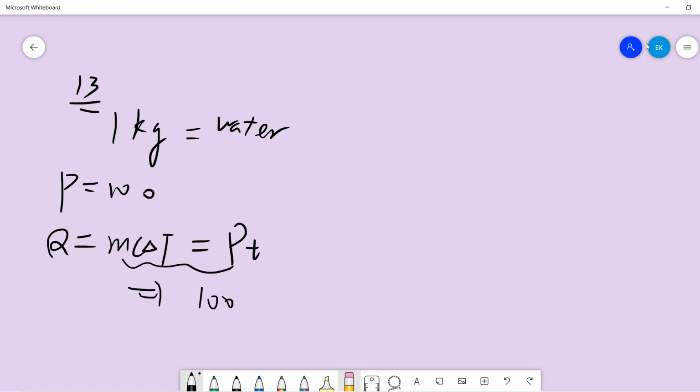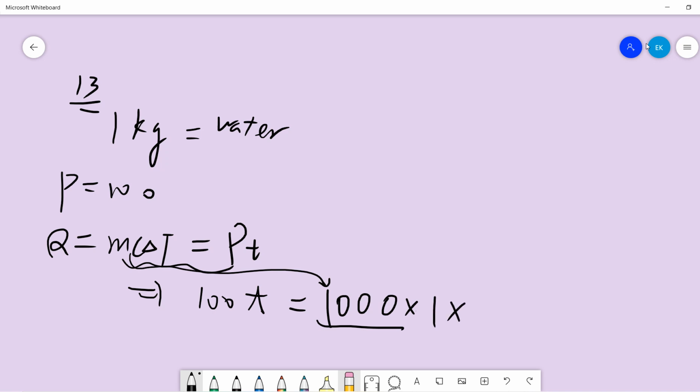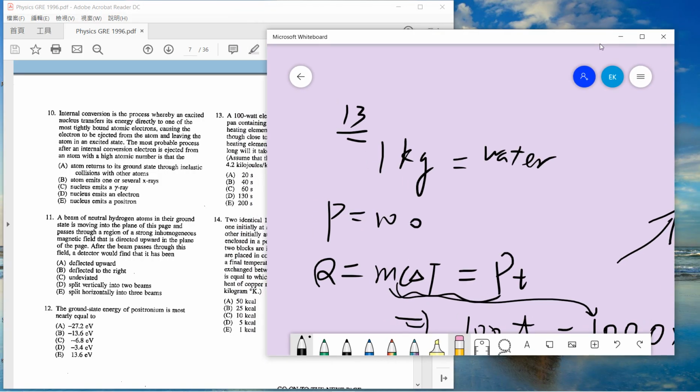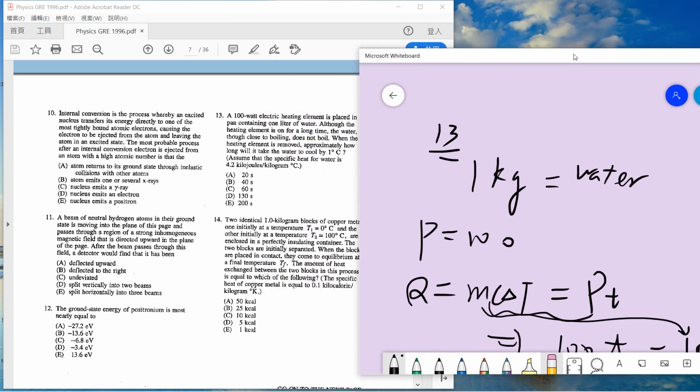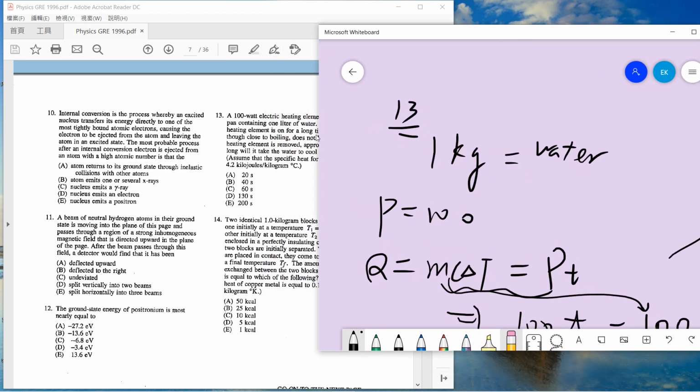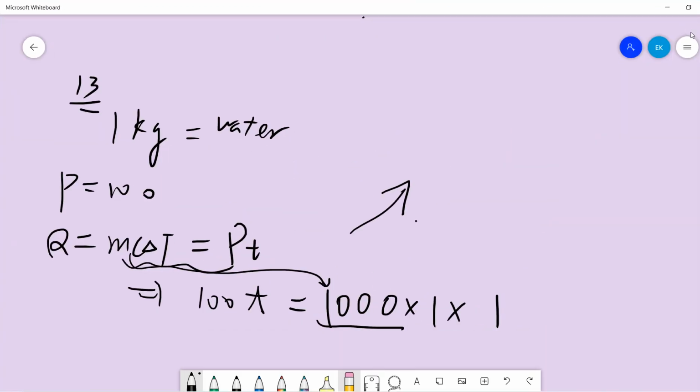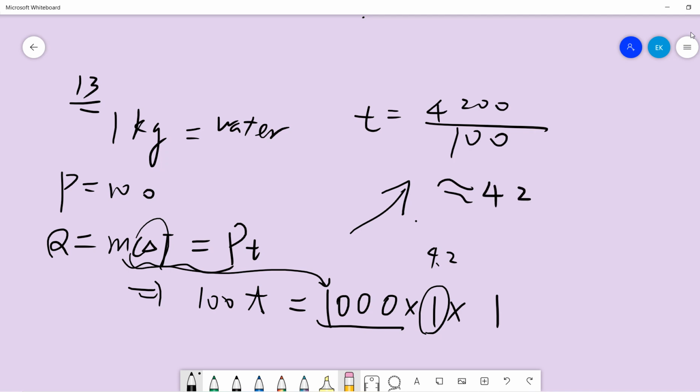So 100 times t equals 1000 times c times the temperature change. Remember c is 4.2, because we need to change it to joules. So t equals 4200 over 100, which is close to 42.